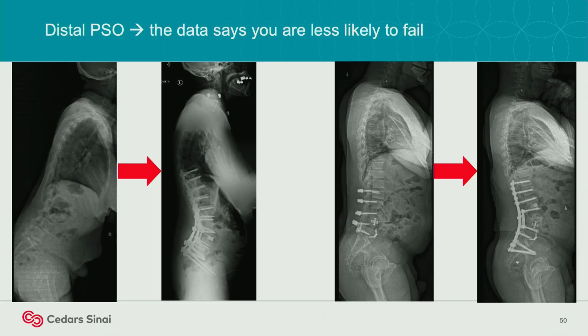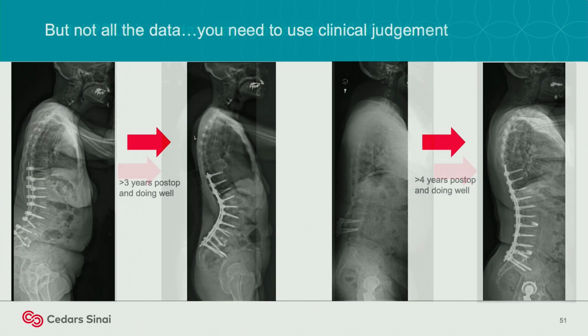So weighing that risk-benefit calculation is going to be very difficult. And certainly, I think we all have cases where we didn't restore the regional lordosis. We got the correction in non-physiologic locations, and we have long-term outcomes where patients are doing spectacularly well.